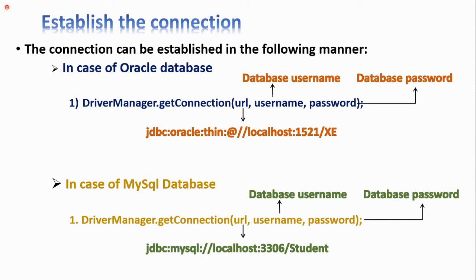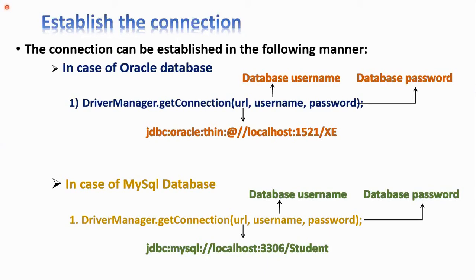What is the URL? jdbc:oracle:thin:@localhost:1521/xe. Sir, what is this, sir? Should I learn this by heart? Don't worry, I will give you a simple solution on how to remember this easily. Whenever I say username, it is the database username, the credentials that you will be giving, the username and the password.